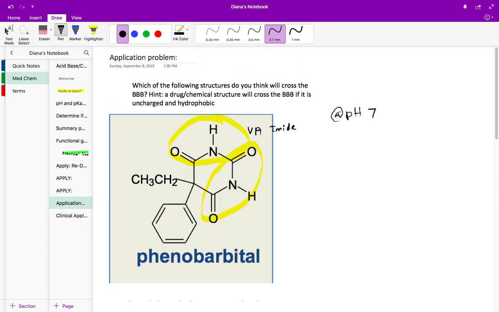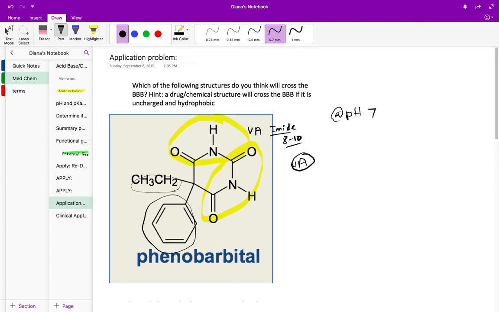So make sure you review those pKa's and have them memorized. UA, imide, pKa of 8 to 10. And that's the only acidic or basic functional group I see. This ring here is neutral, this alkyl group is neutral. So really I'm just dealing with an acidic functional group, a UA, at pH 7.